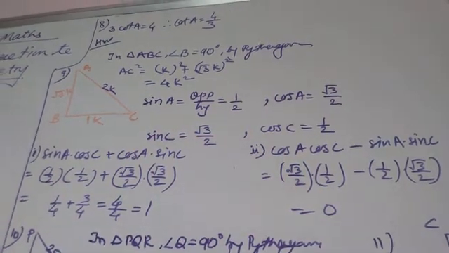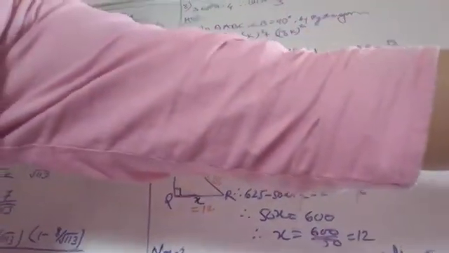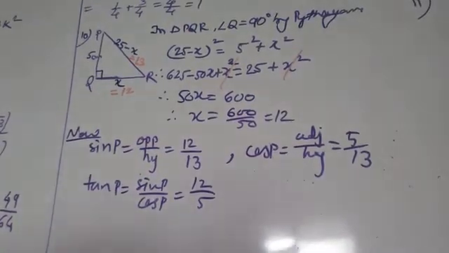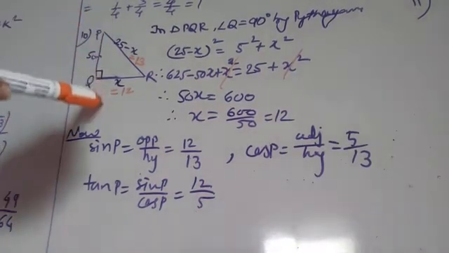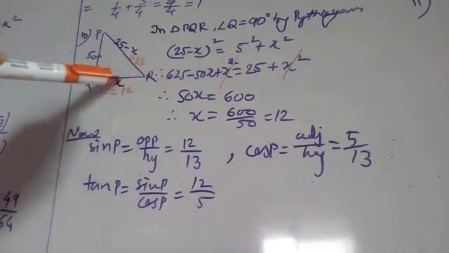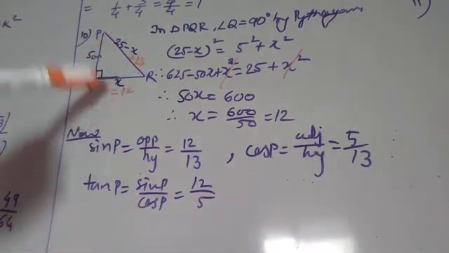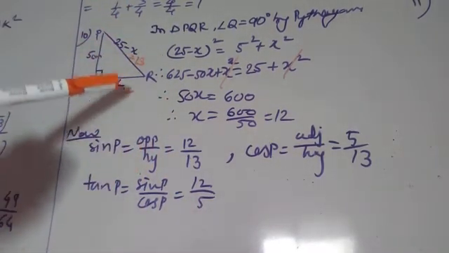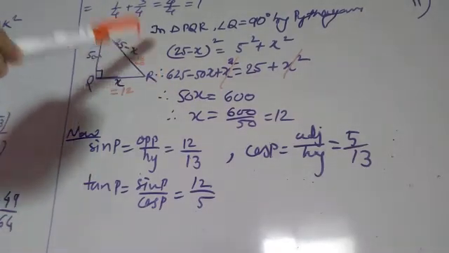In the 10th question, PQR is a right angle triangle in which the length of PQ is already given to us, and the sum of the other two sides is equal to 25. One of the sides we have considered as x, so the other side will be 25 minus x.